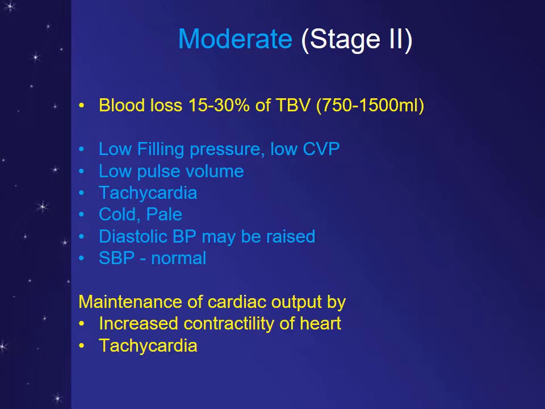Since the circulating blood volume is low, the patient is trying to manage with an increased heart rate. That's why the patient gets a tachycardia. And the peripheries of the patient would be cold and pale, and diastolic blood pressure may even be increased more than normal due to severe vasoconstriction, and still the systolic blood pressure may be normal.